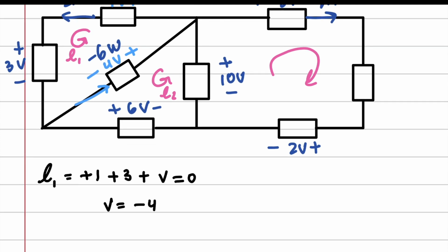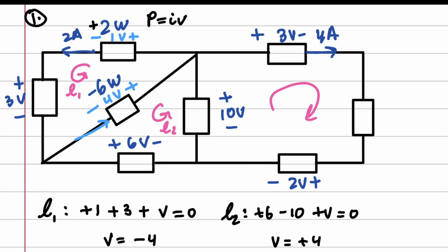Now here, we're going to go around, also counterclockwise, and I'm just showing you this so that you can prove that it doesn't matter which one you start with. So we have loop 2, and we get plus 6 minus 10 plus V equals 0, and we get V equals plus 4. Going in this way, we get this current going that way, right?